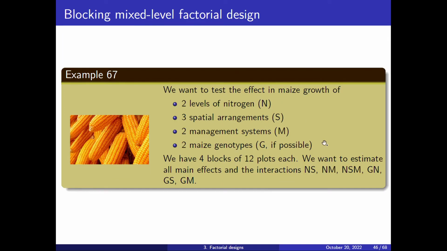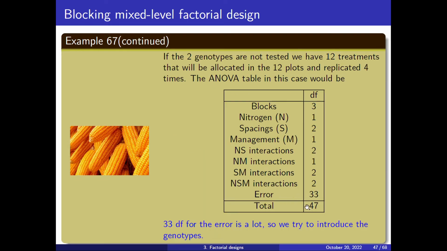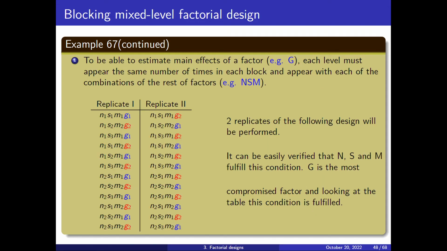We had 4 blocks of 12 plots, so that means that we have in total 47 degrees of freedom. That is 48 minus 1. If you count how many degrees of freedom you are spending in estimating parameters, you are left with 33 degrees of freedom for the residuals. So this is a lot. The genotypes is only 1 degree of freedom, so we can include it in the analysis.